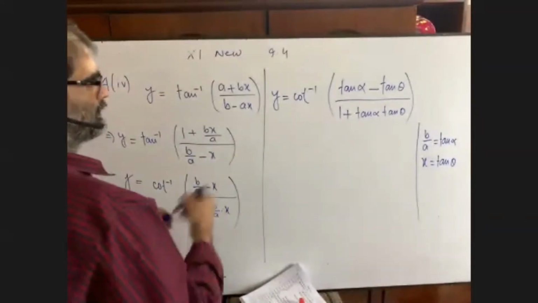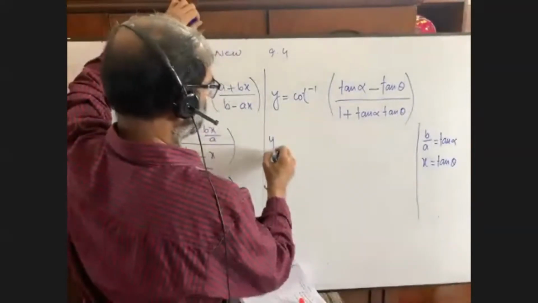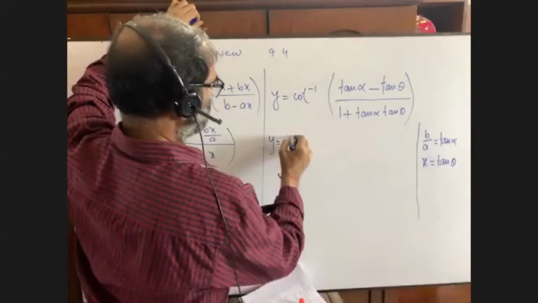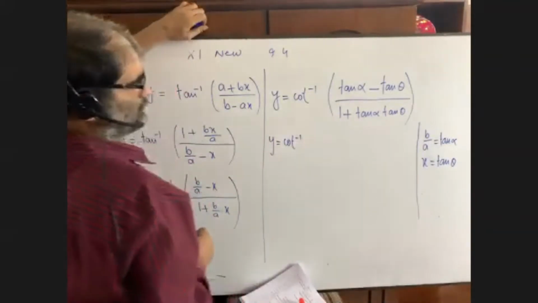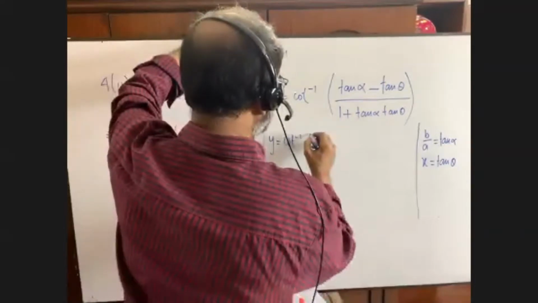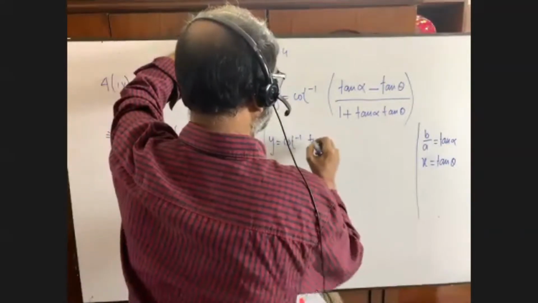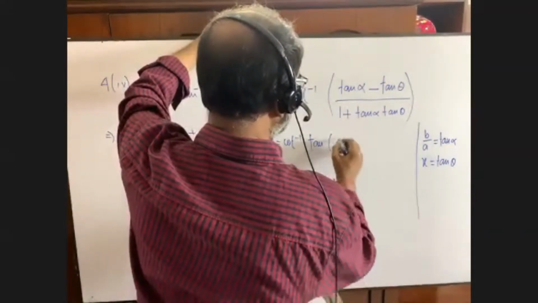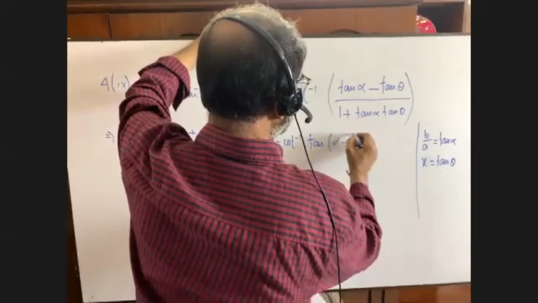Now we get y is equal to cot inverse tan of alpha minus theta.